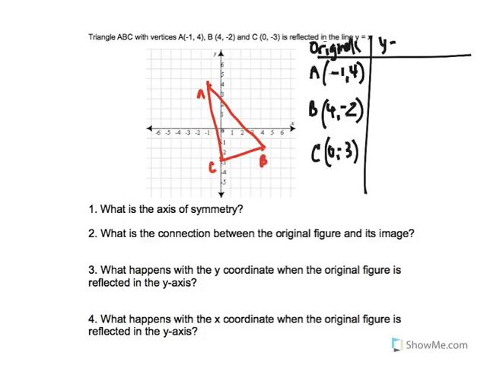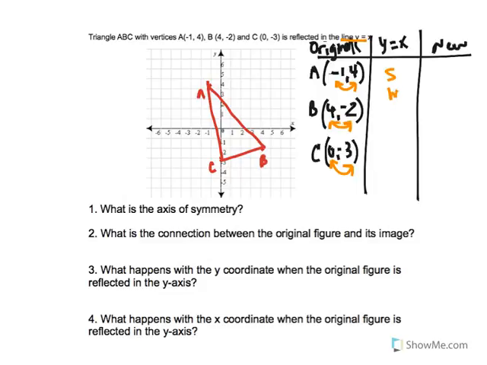We reflect over y equals x, and now we get our new points, okay? So the rule for reflecting over the line y equals x is that we just switch the x and y coordinates. We switch them, okay? I'll show you what happens. So now y becomes x and x becomes y.